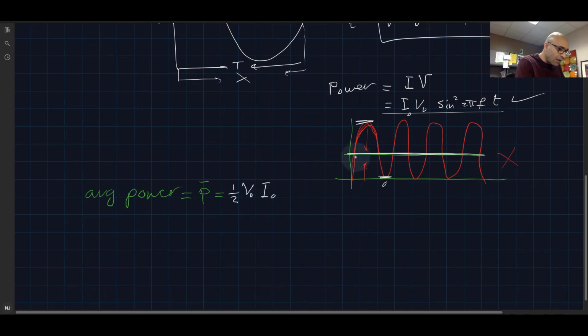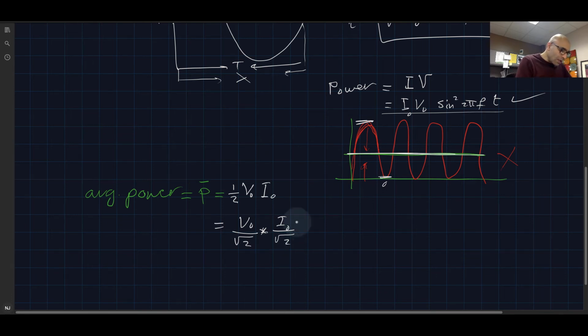So it's 1/2 the maximum value of the current and the voltage. We can write this as V naught over the square root of 2 times I naught over the square root of 2.